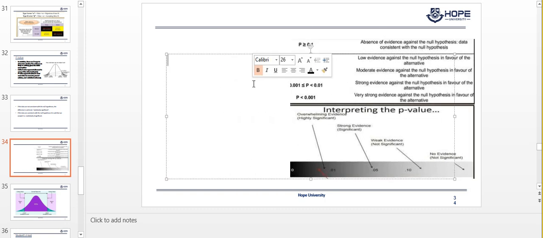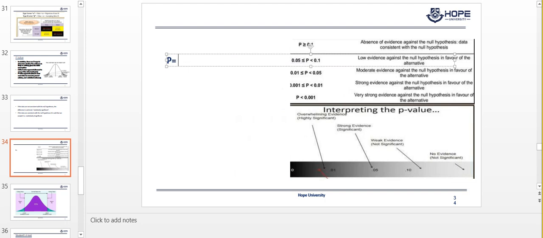For example, if you have a p-value, that means 99%, the p-value will be 0.01, while 95% will equal 0.05.